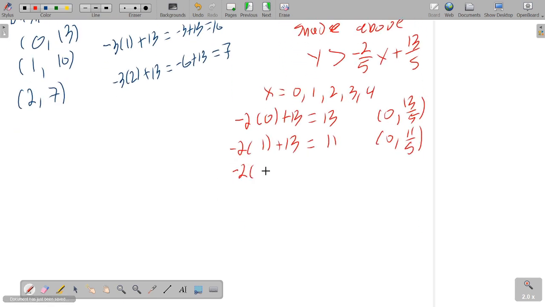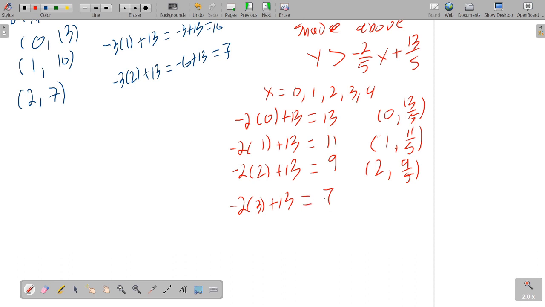Negative 2 times 2 plus 13 is going to be 9. Oops, that should be (2, 9 over 5). Now I have negative 2 times 3 plus 13 is going to be 7, so (3, 7 over 5).